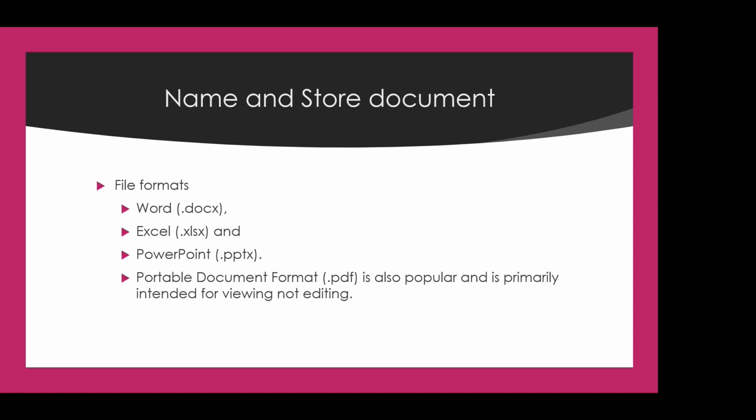It's a popular file that's primarily used for viewing, not editing. That means that people take documents, they create a flat document that's not editable. Often documents for signature will be in a PDF format. Your workbook might be in Word or it might be in a PDF format. PDF is smaller and easier to send. The Word documents are editable.